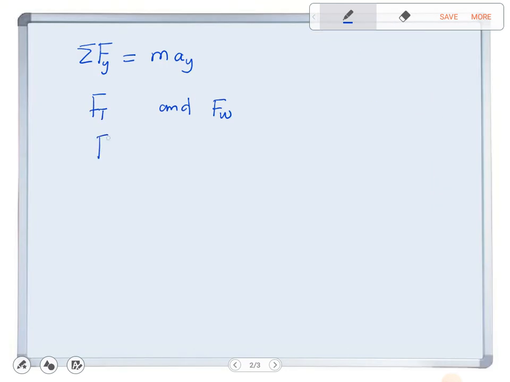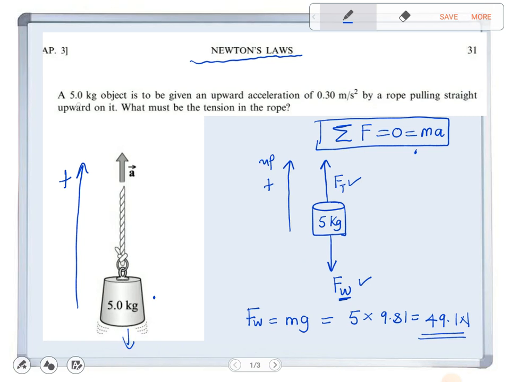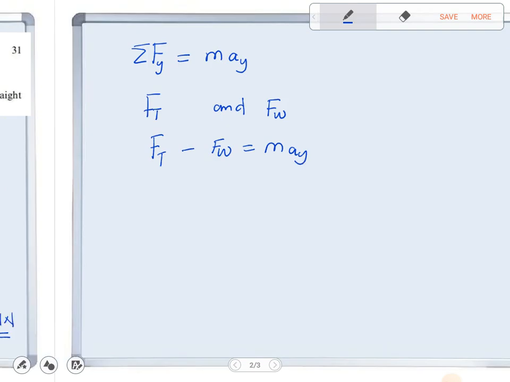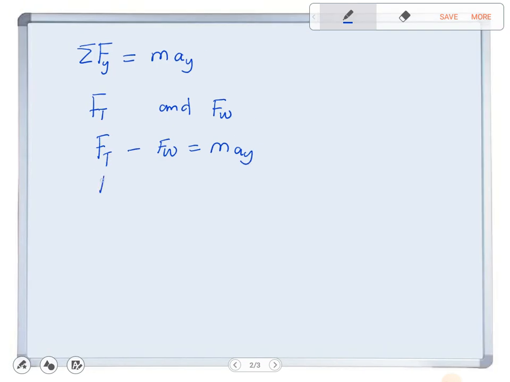That means Ft minus Fw is equal to ma. Acceleration has been given already. We don't know Ft, but we know Fw as 49.1. Mass is 5 kg. Acceleration is 0.3.